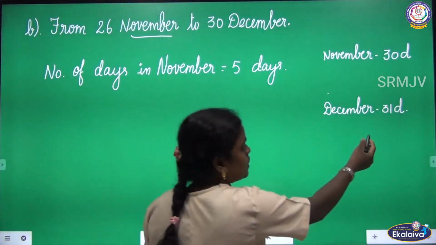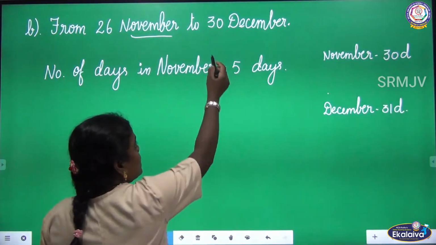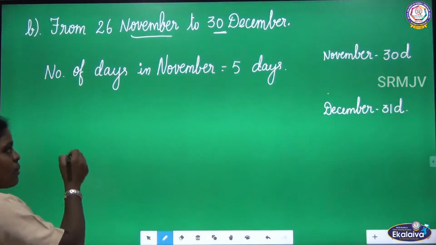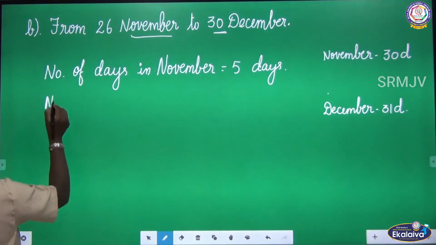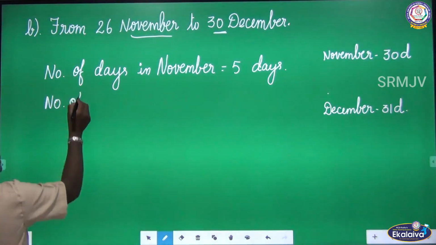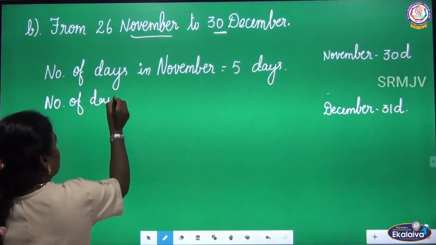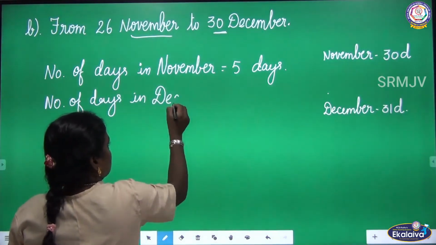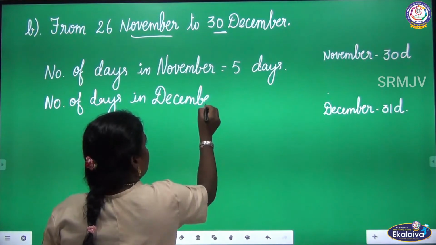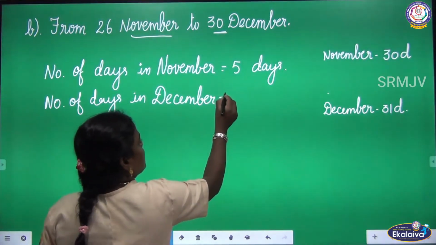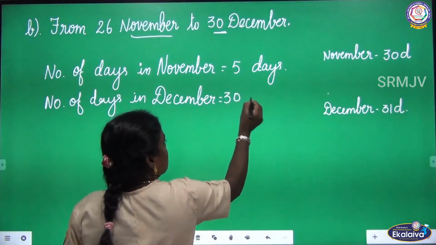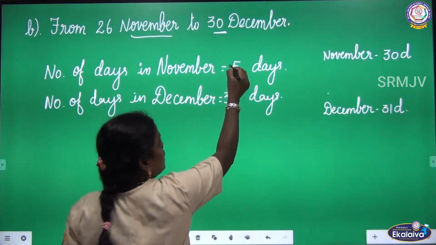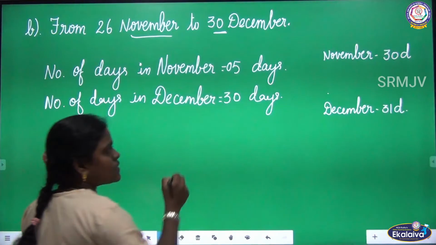We have 31 days, but here they have given only 30 days. So number of days in December is 30. So to avoid the confusion, here you can add 0.